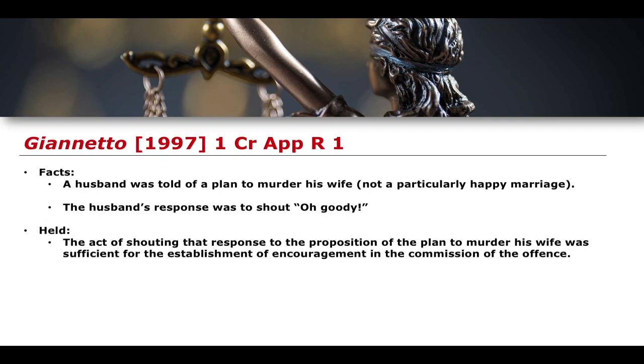But you can also understand, and it's quite trivial, that a husband being told of the murder plan of his wife and responding with "Oh goody" suggests at least that he was encouraging it, and that the primary defendant could take encouragement from it. And so as a result of all this, you can understand why this was conclusive as the abetting of an offence.